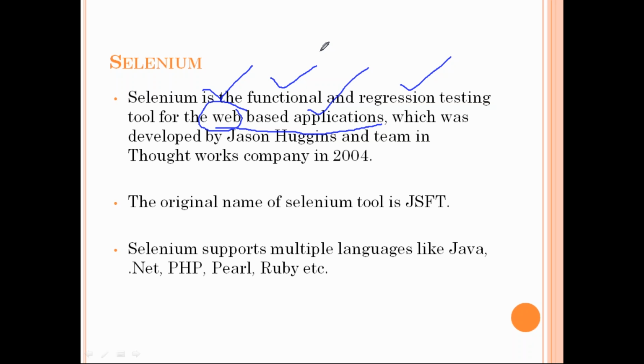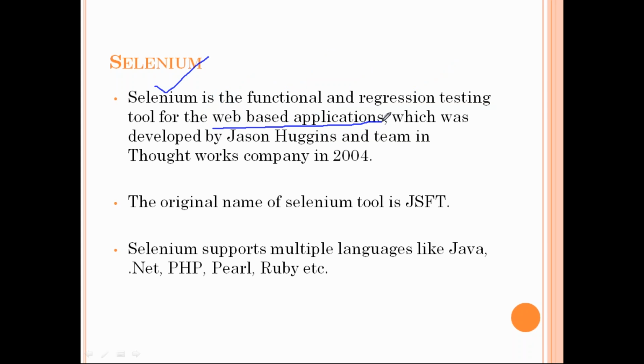Once the browser is launched, you can enter your URL, like www.email.com or www.facebook.com, www.twitter.com also. If there is no browser, you cannot work on it. And also you should have good internet connectivity, right? If you don't have internet connectivity, your web-based application will not work. So Selenium is a tool which supports only web-based applications.